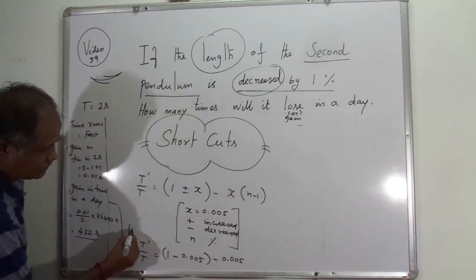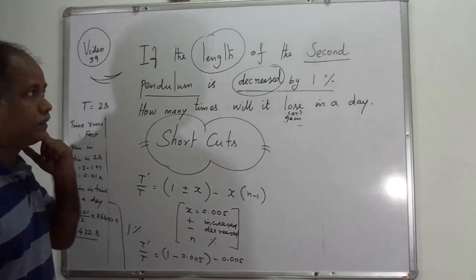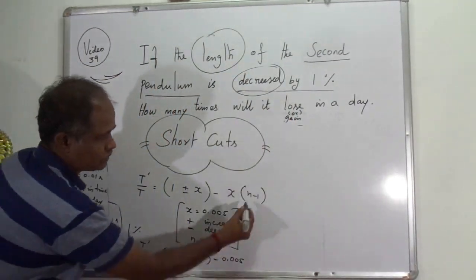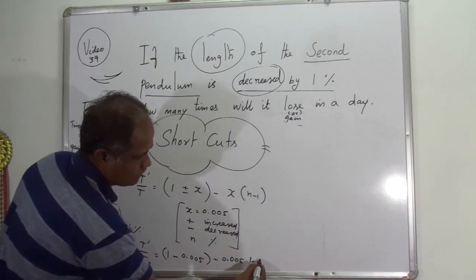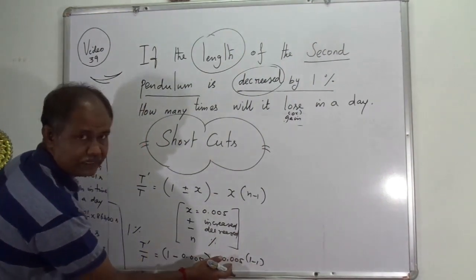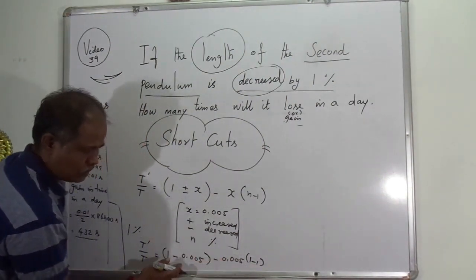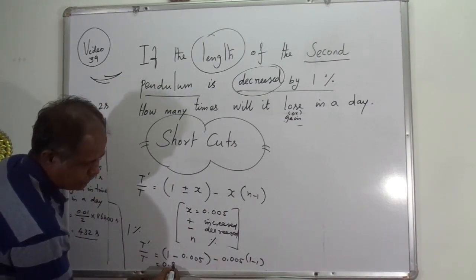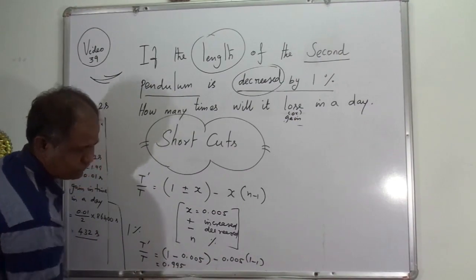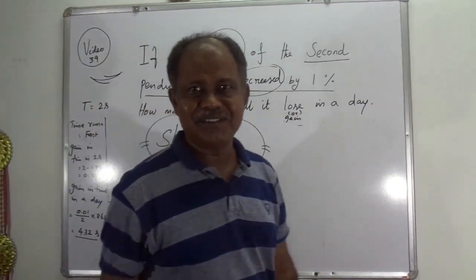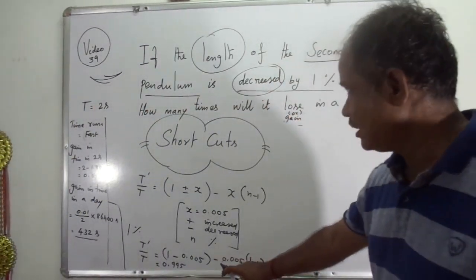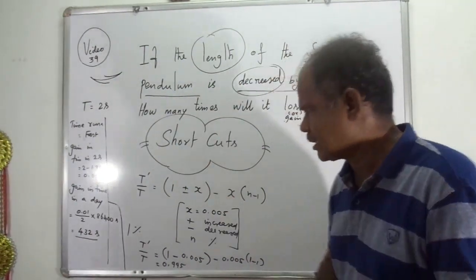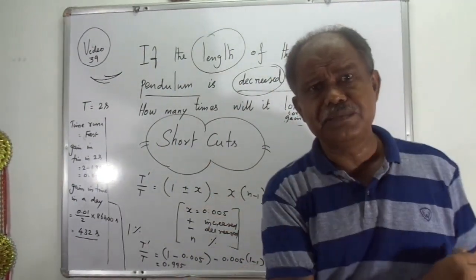First we will consider 1%. So 1 minus 1 is 0. Then this value alone remains, 0.995. You can get it easily. Instead of doing all the very big calculations, within a fraction of a second you can find it.